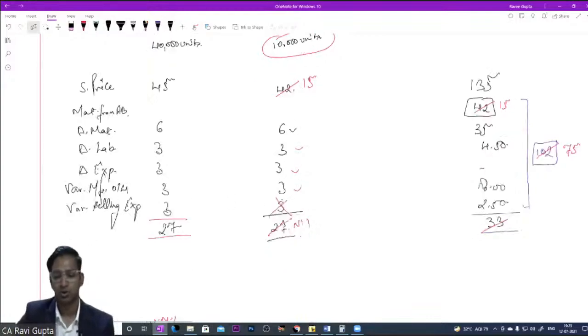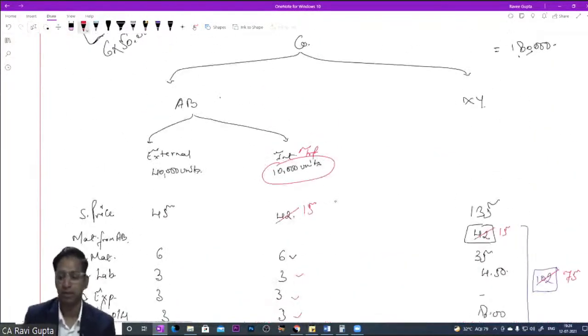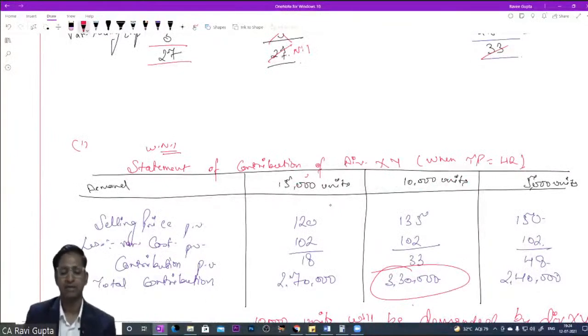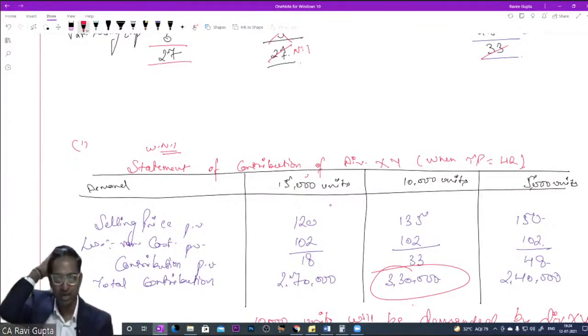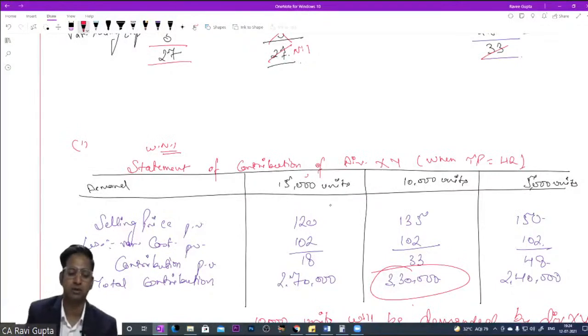So my question to you: whether we need to prepare this statement again. If my variable cost has changed to 75 rupees, do I need to prepare this statement, this working note, again, or can I use it in the calculation of the second part?